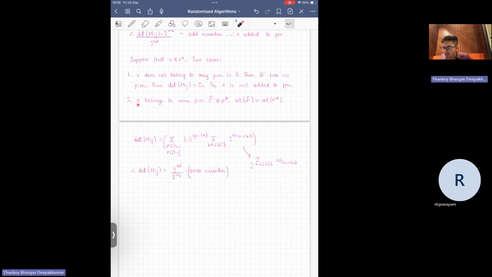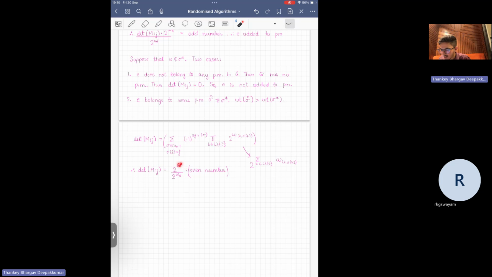Because E does not belong in sigma star, right? So any perfect matching containing E must have a larger weight than the weight of sigma star. So the weight must be at least W plus 1, right? So when I write it as 2 to the something, it would be 2 to the W plus 1.